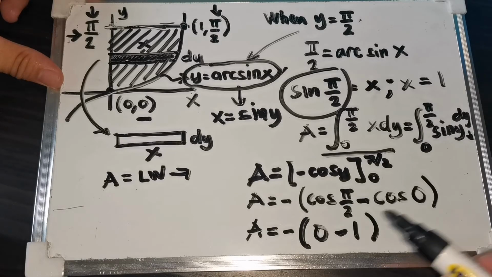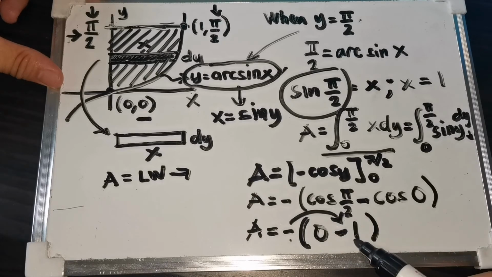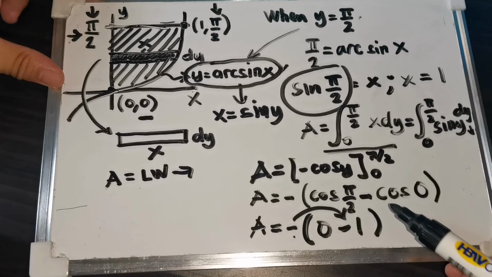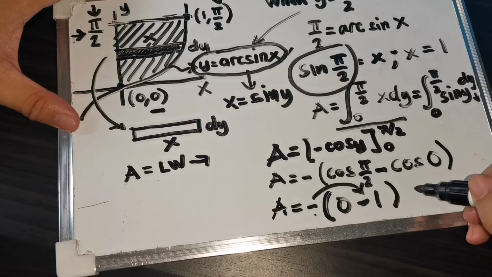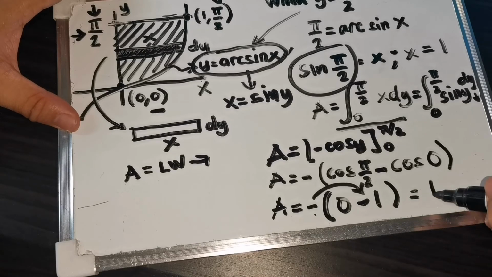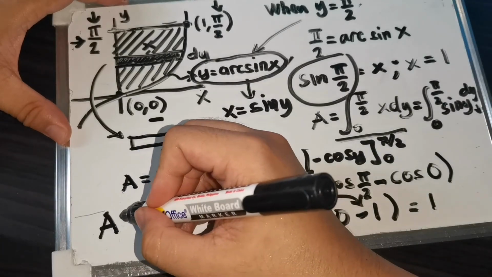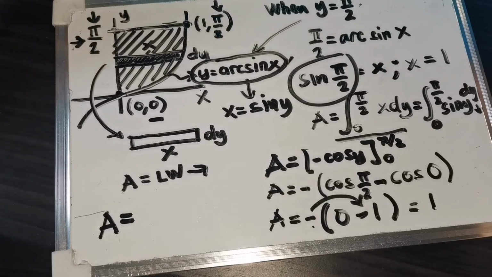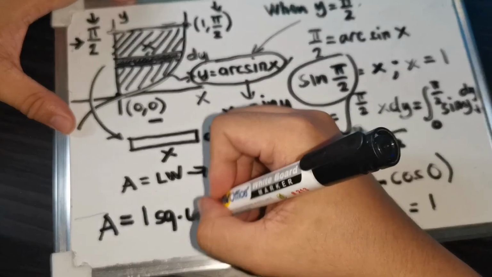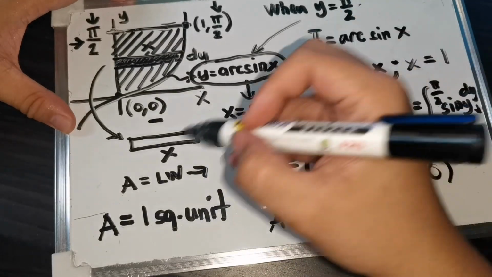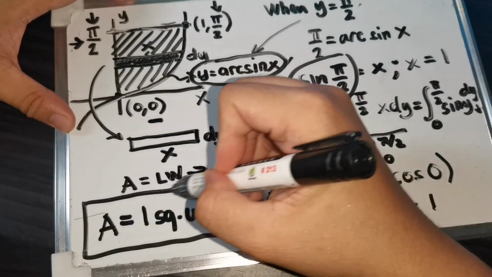This negative will be distributed, multiplied to the negative 1, so negative multiplied by negative gives positive 1. Therefore, the area for this problem is equal to 1 square unit. Our final answer is 1 square unit.